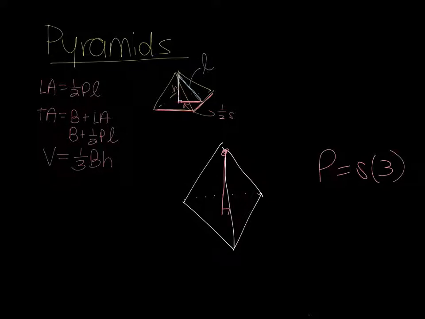When I go to find the area, well, let's do slant height first, right? If I want to find slant height, this is the apothem mixed with the slant height. So I'm going to eventually, if it's an equilateral triangle, have to find base area.